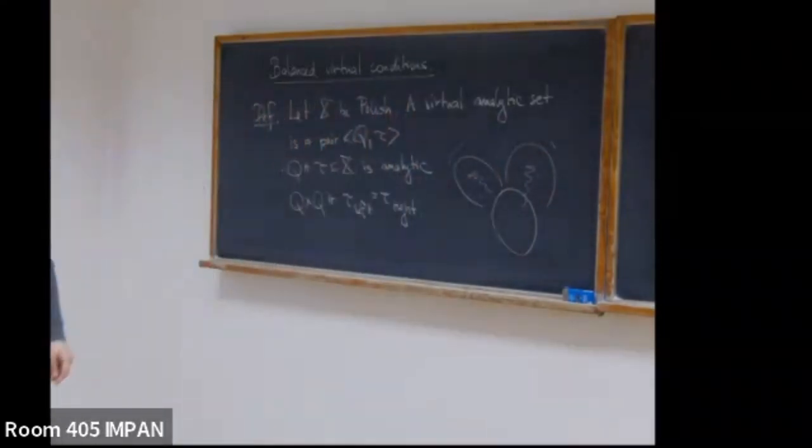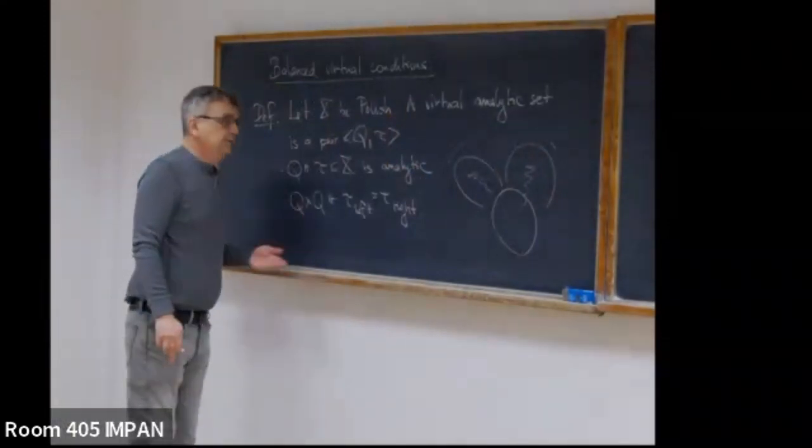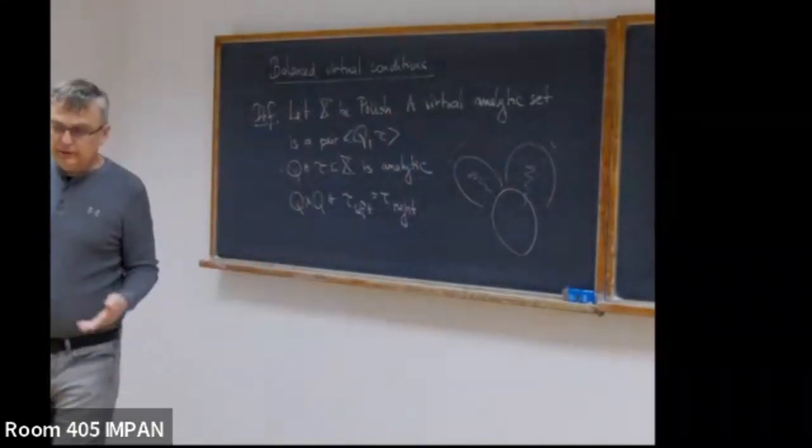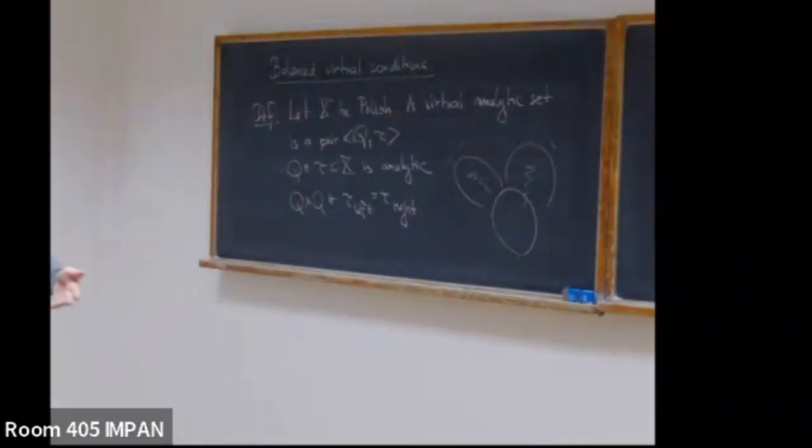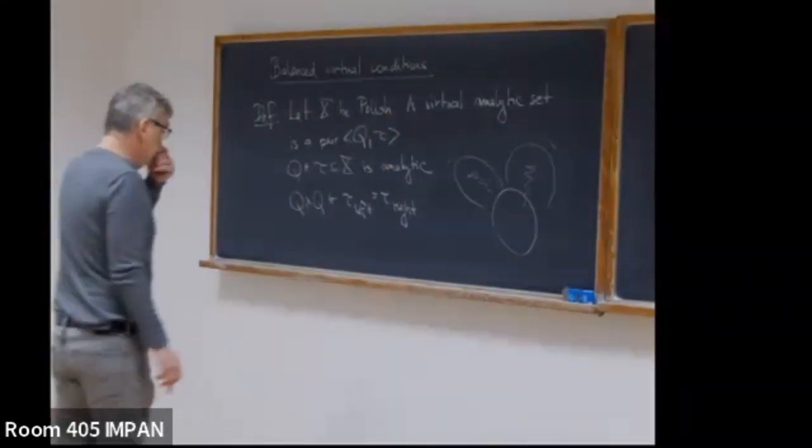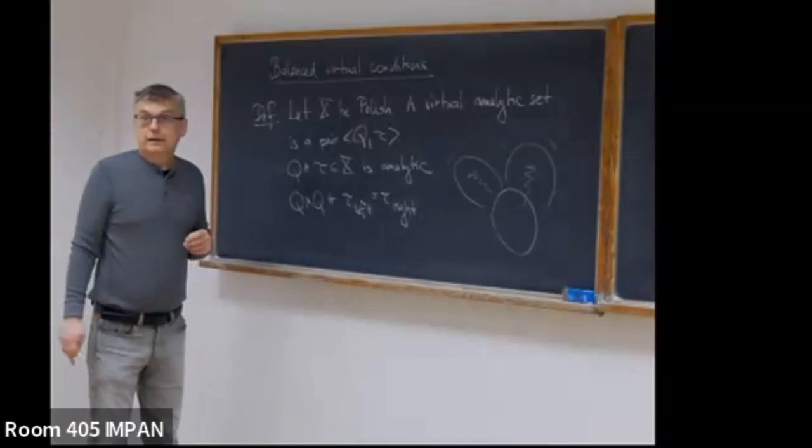That's the main motivation for this definition, because it's like virtual classes for pinned equivalence. Virtual classes for analytic equivalence relations are just a special case. So you want to have control over the common extension.